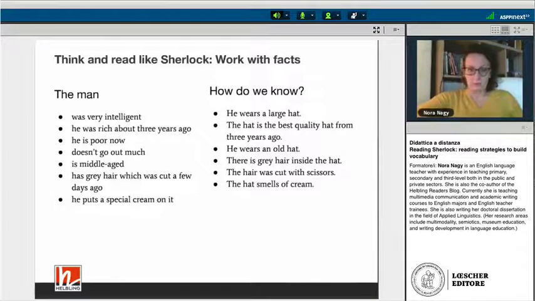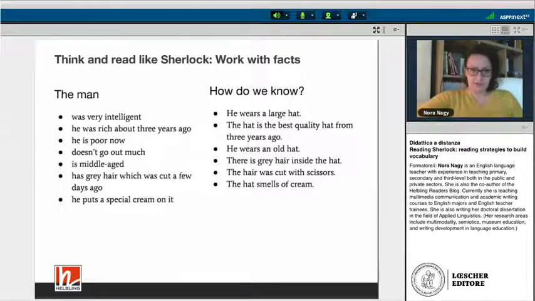So here, for example, I have collected information about the man, and we can also see how we know this. Somebody is saying that this is the empirical method, and it's a really good point. This is how we collect information, and then we can analyze that information.